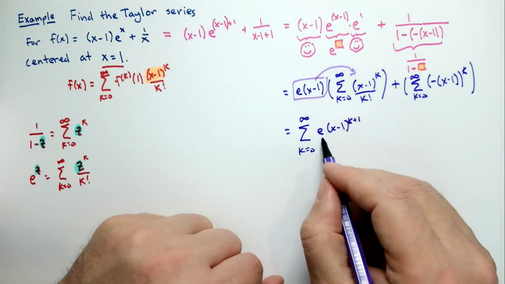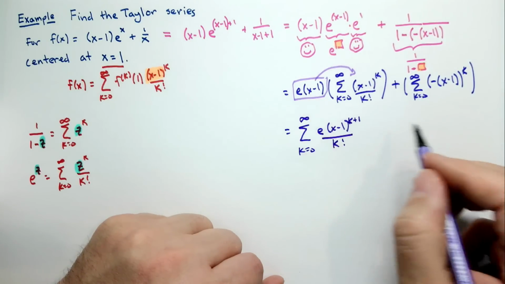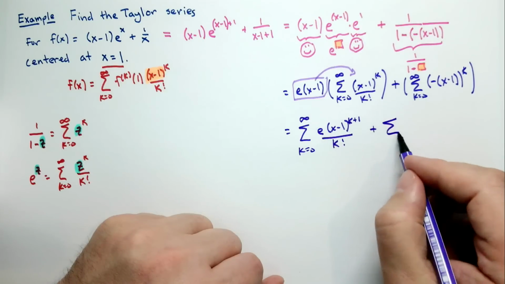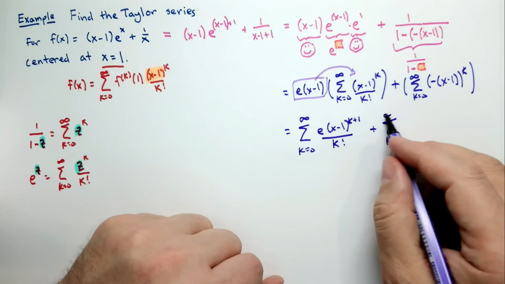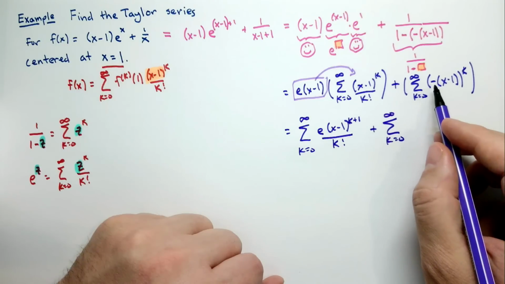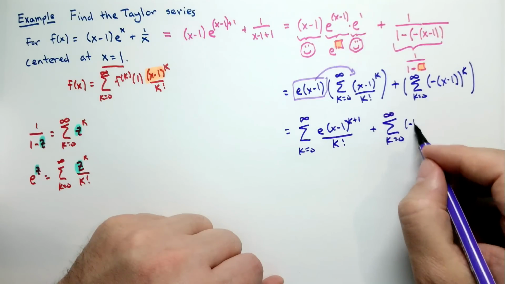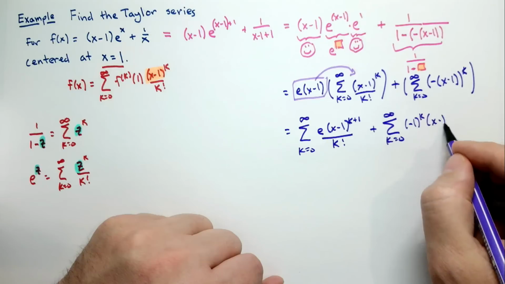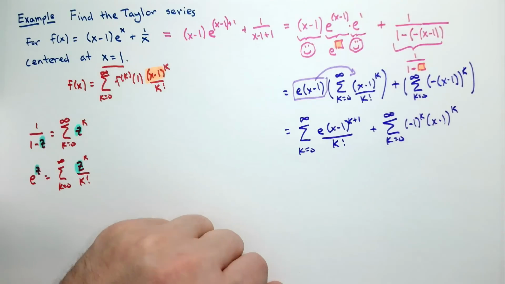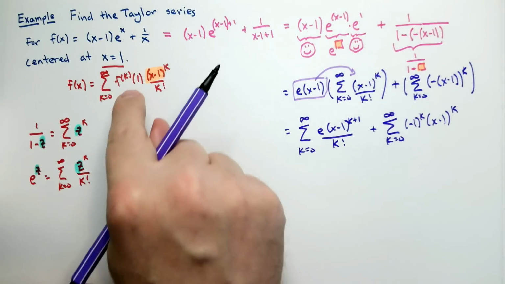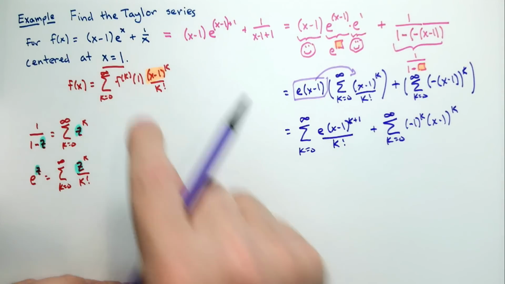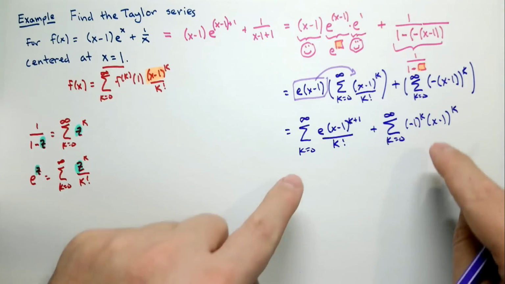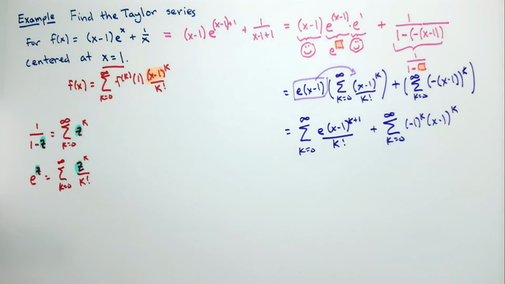And that's divided by k factorial, plus the sum from 0 to infinity. And here, I'll think of this as minus 1 to the k, and then x minus 1 to the k. Now, we really want to get it into this format here, which means I really want to get one sum. Okay, so we're going to shoot for that.